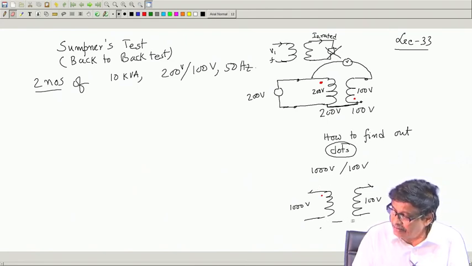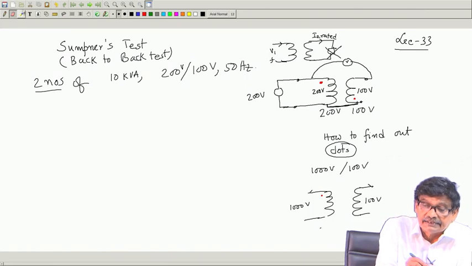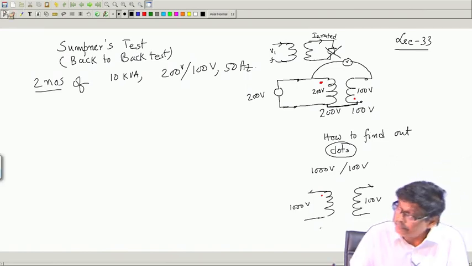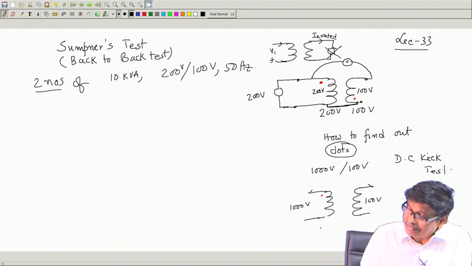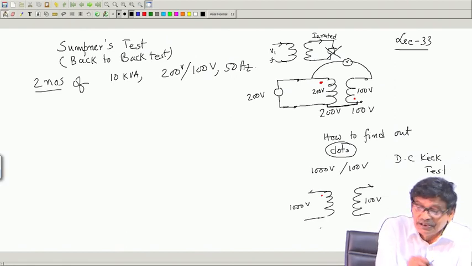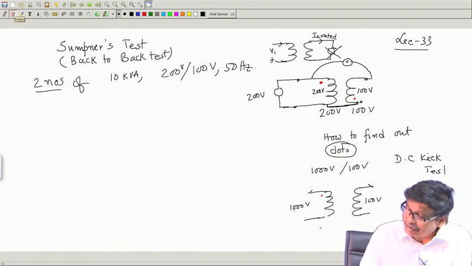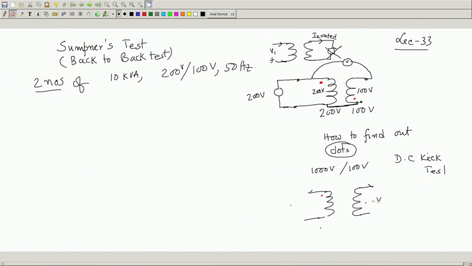DC kick test, a very simple test. What is done? You do not require a large supply or rated voltage, those things may not be required. You connect a switch here, much simpler than this.